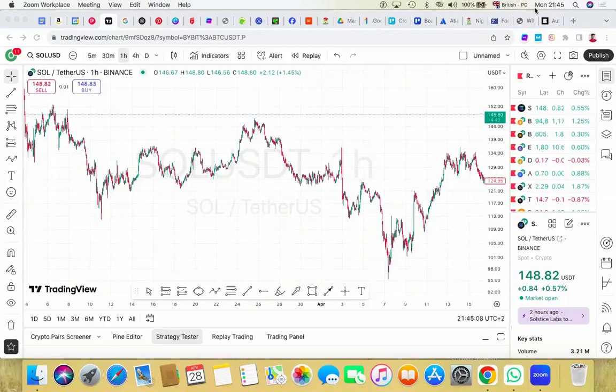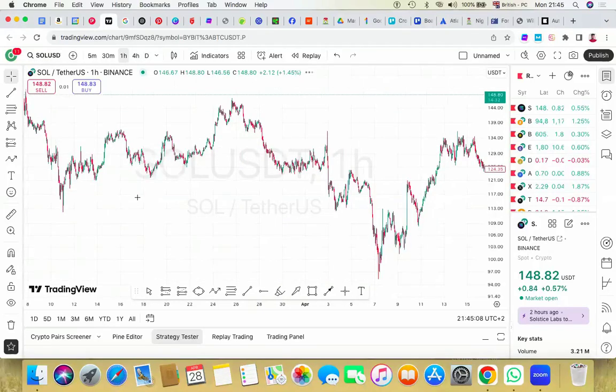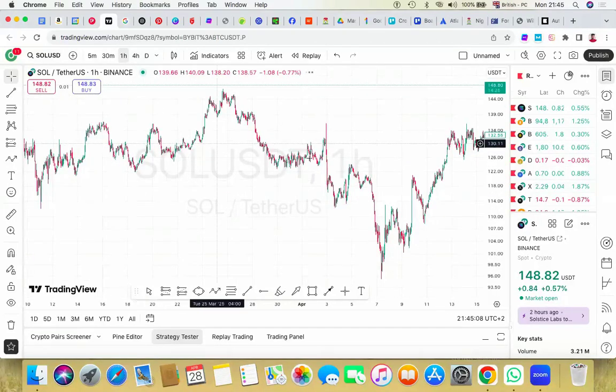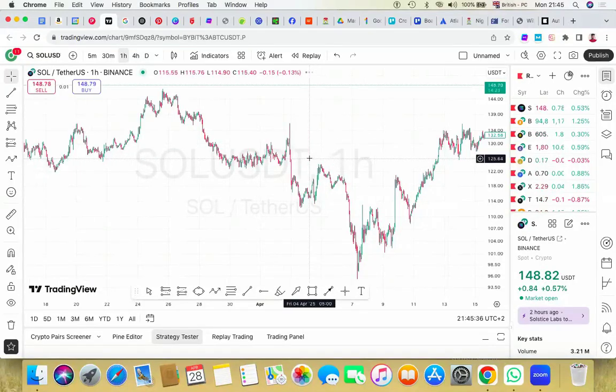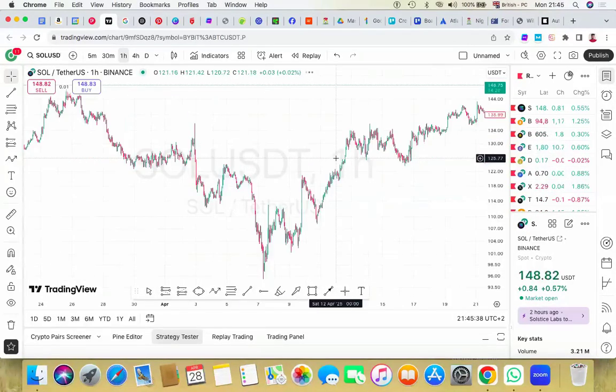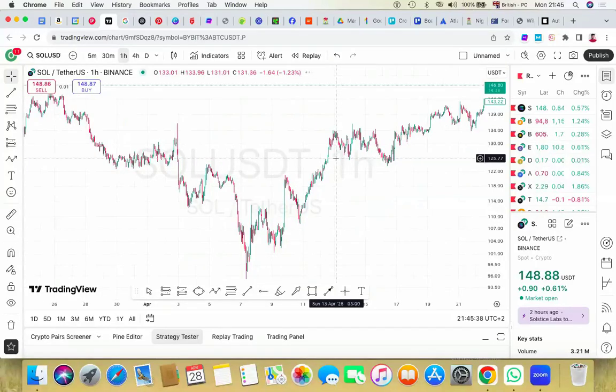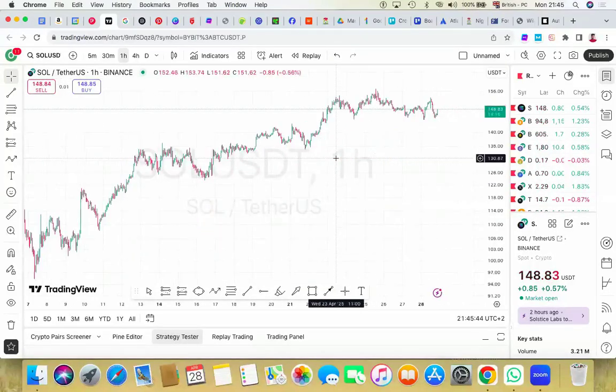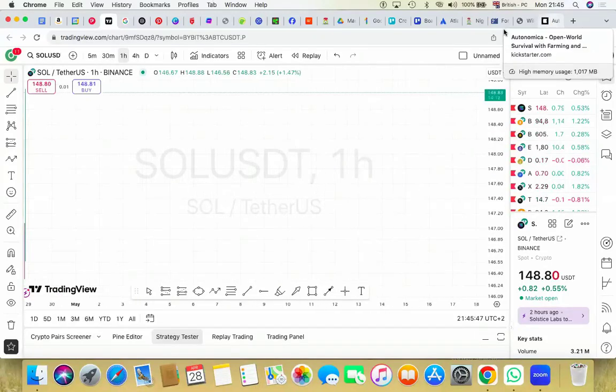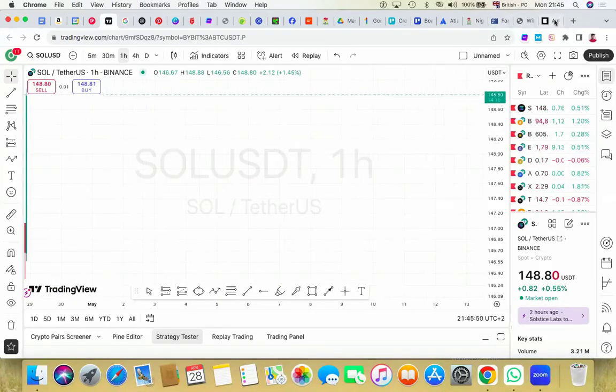Can you all see my screen? Yes. Okay, okay, okay. Probably I have to close up some tabs here. That's why I have a lot of things going on here.